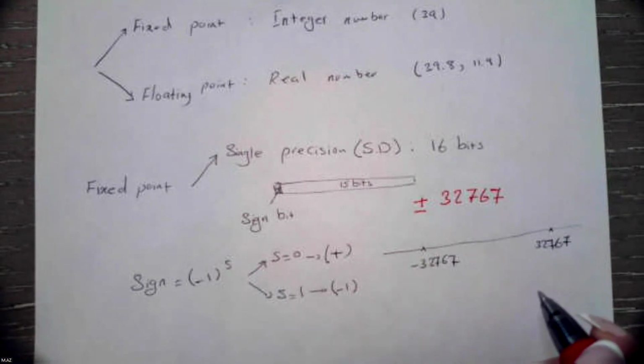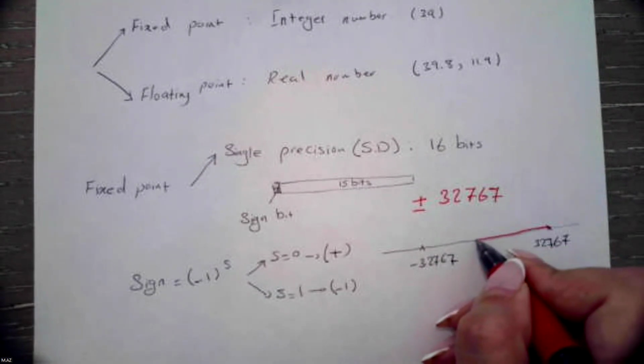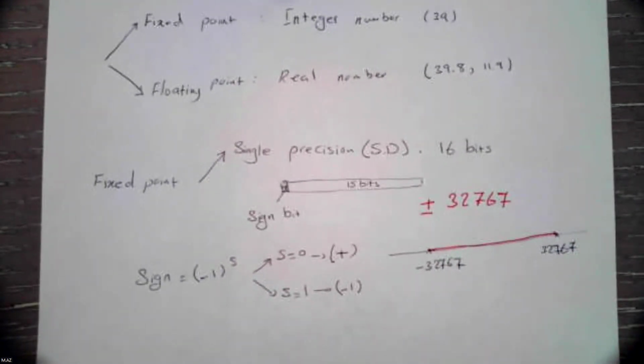If the decimal number you have is in this range, the computer can store it exactly.